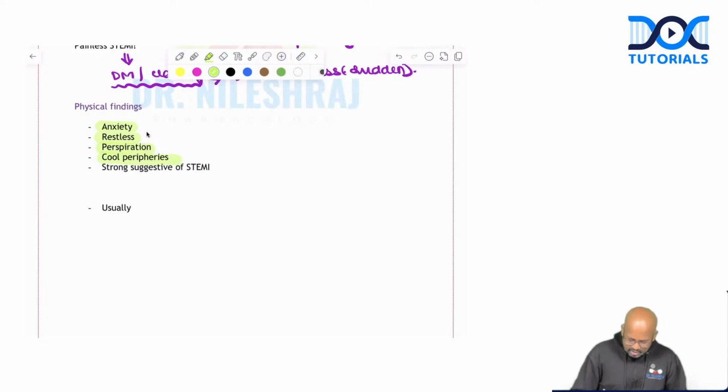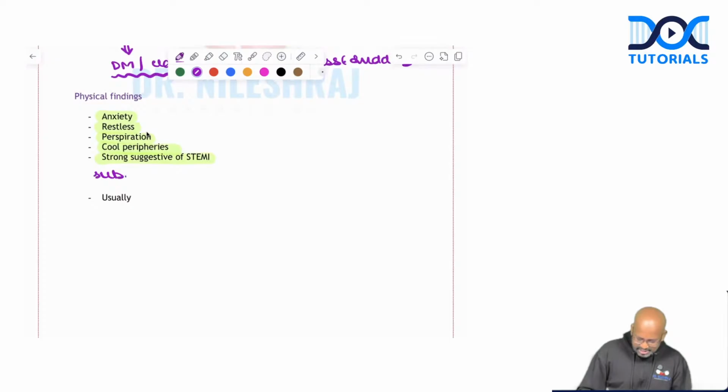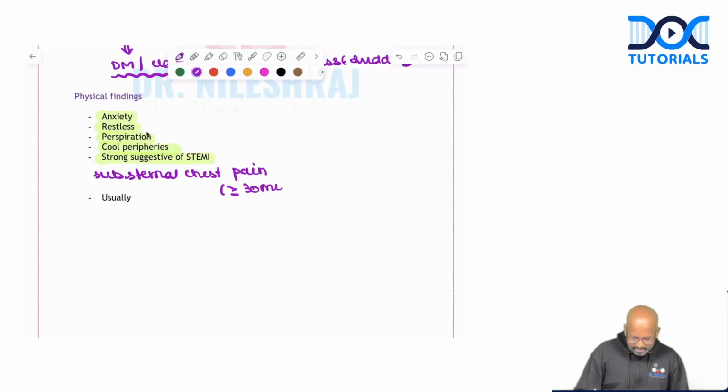But what is strongly suggestive of STEMI? Some symptoms will be strongly suggestive of an ST segment elevated myocardial infarction, which is substernal chest pain. There will be a substernal chest pain which has been there for more than or equal to 30 minutes. For more than half an hour, the patient is having that chest pain along with diaphoresis.